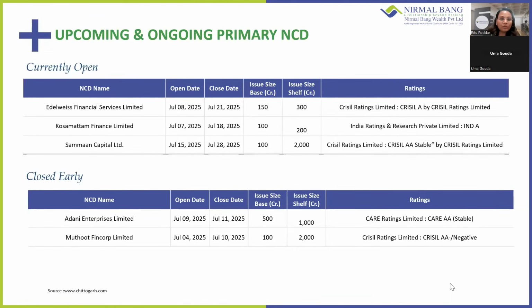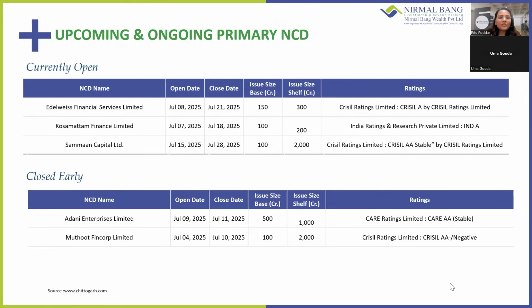Muthoot also closed recently. Ongoing Edelweiss is there. Samman is also there, earlier, I am forgetting the name, India Bulls. Yes, the India Bulls company restructured and changed the name to Samman Capital. So that has been there.